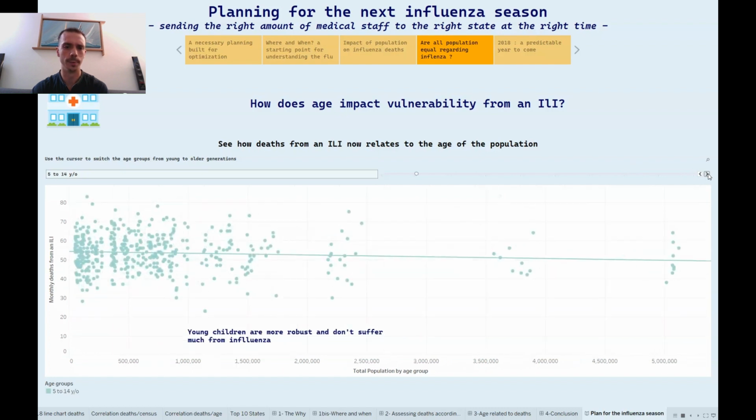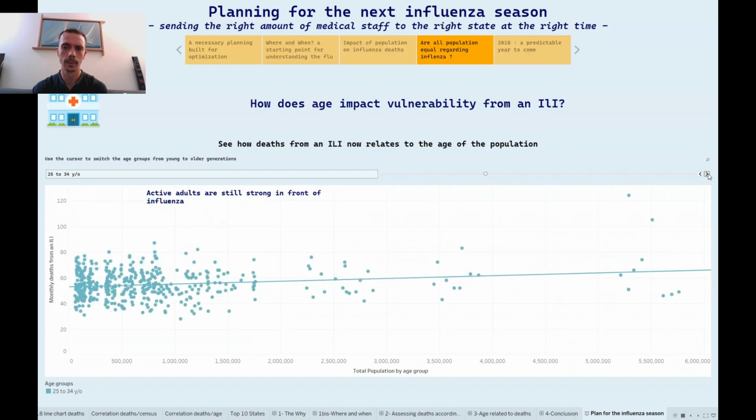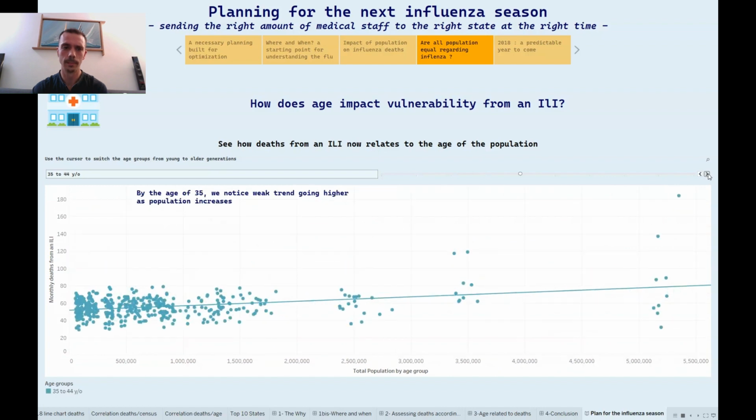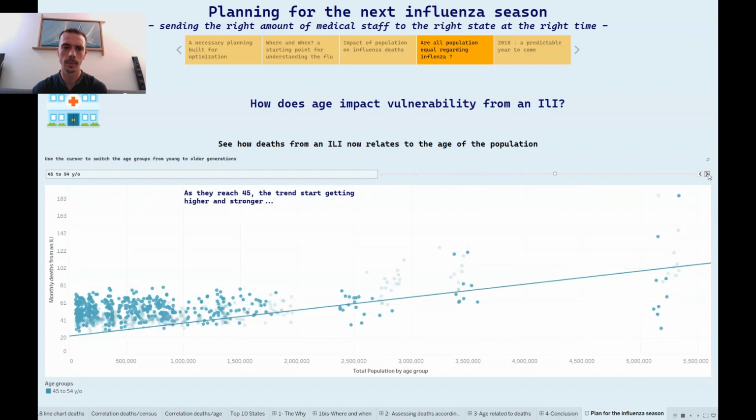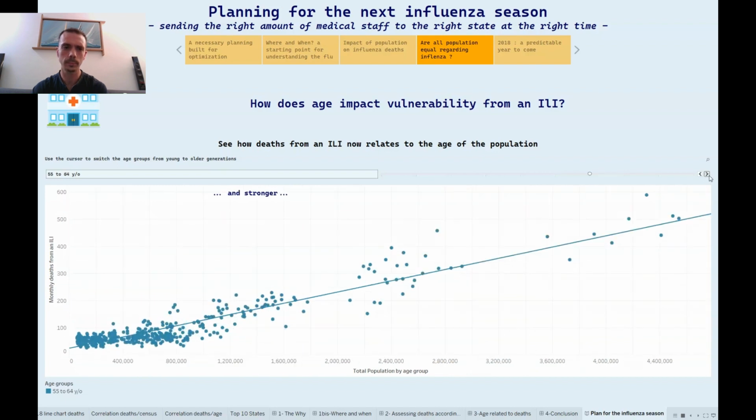As we see age groups and making the population go older and older, by the age of 45 to 54, we are slowly able to see some sort of a trend across the trend line, if you see it. From 55 to 74, a bit even more.